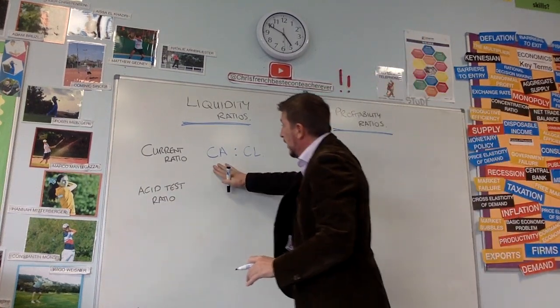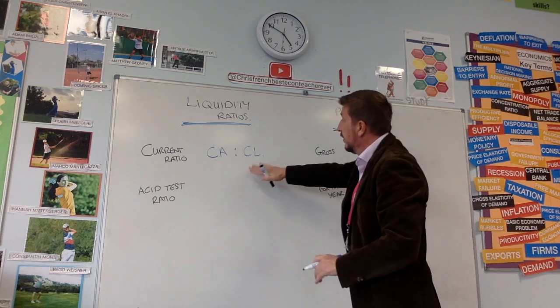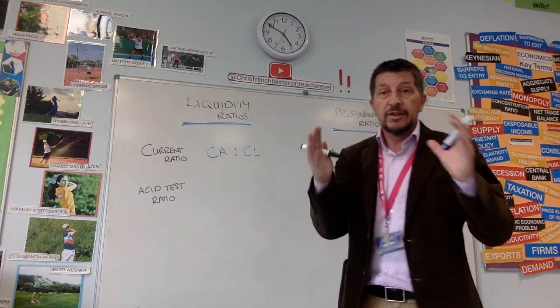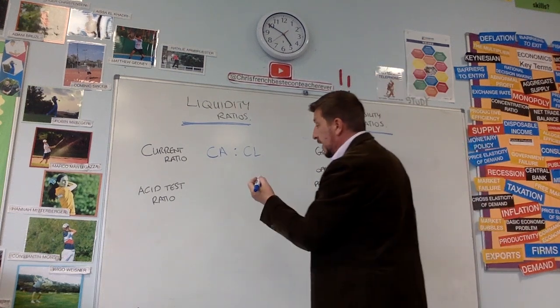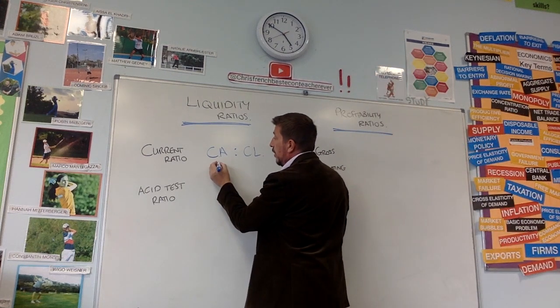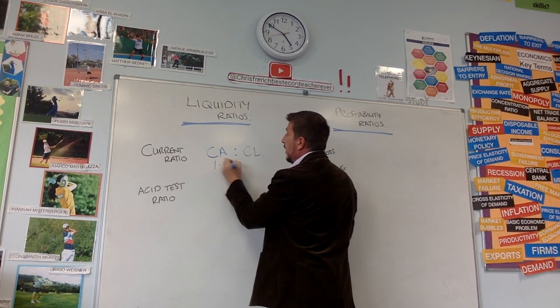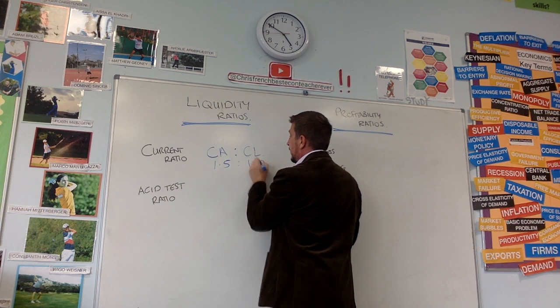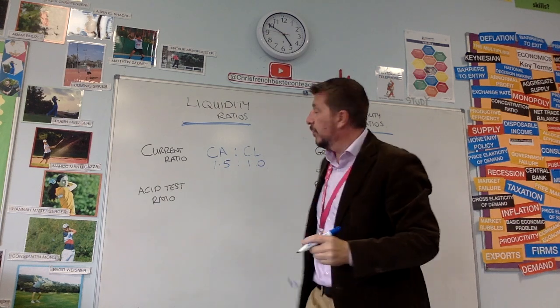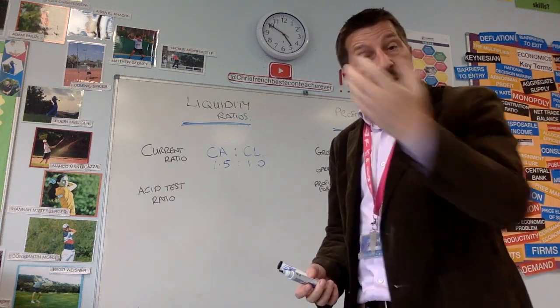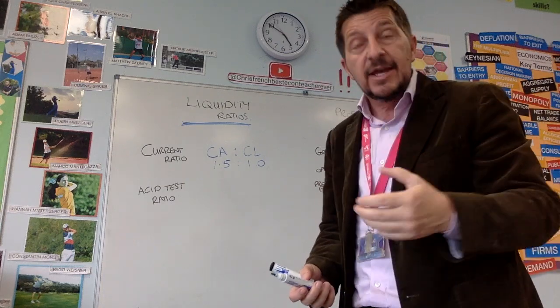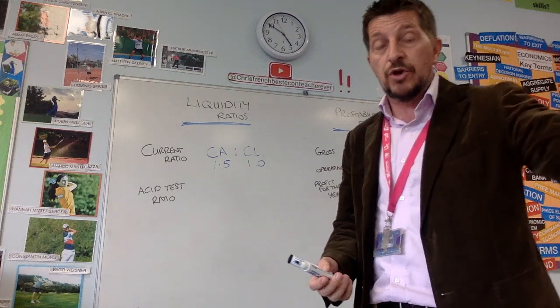So here we have our current assets versus our current liabilities. Think about that: that's our current ratio. Let's use an example. Let's say we've got a current ratio of 1.5 to 1. What we're saying there is we have the ability to liquidate our current assets and pay our short-term bills.